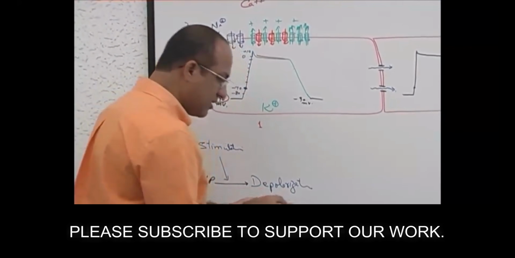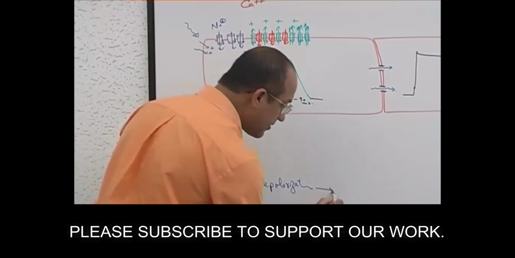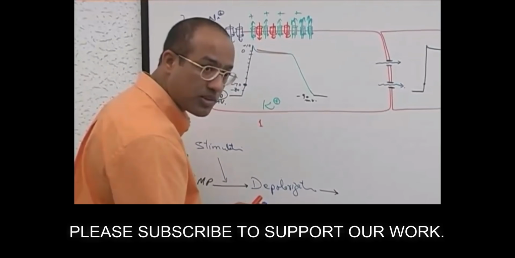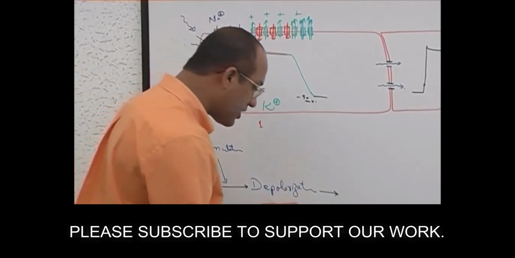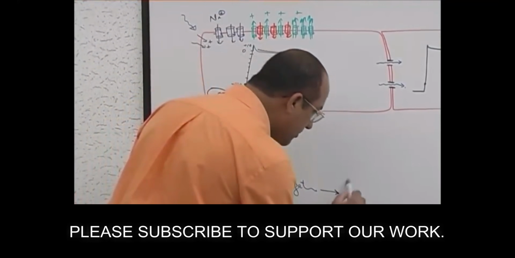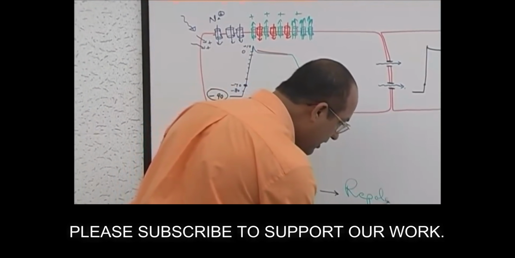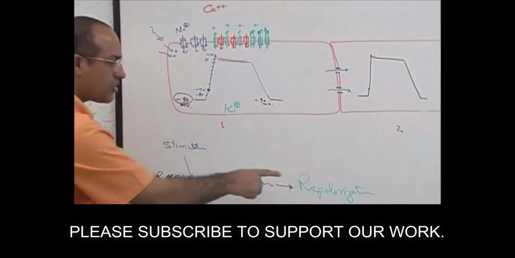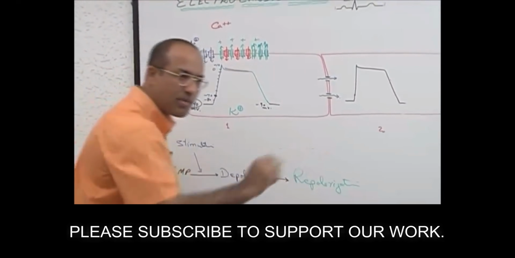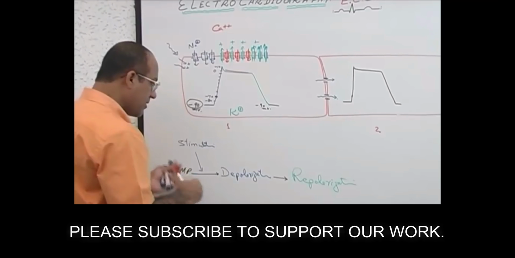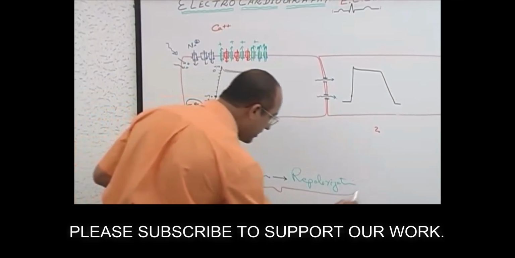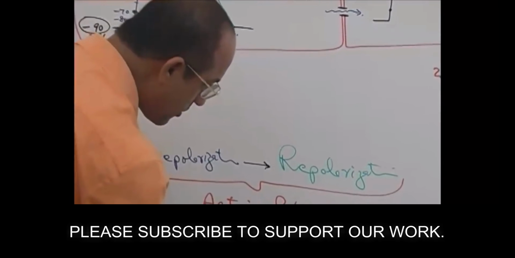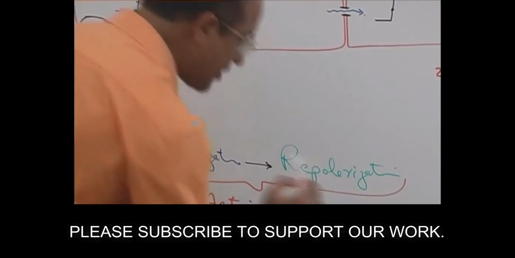Then depolarization will stimulate initially calcium and potassium channels, but eventually potassium channels become very active and a lot of potassium goes out, and that leads to repolarization. And as depolarization and repolarization are moving on the membrane, both of them together are called action potential. Is that right?